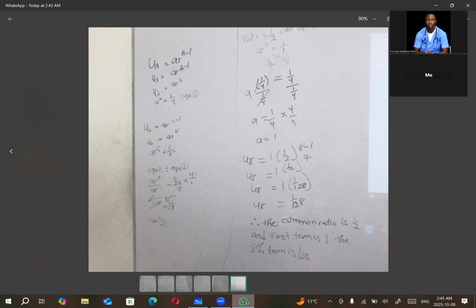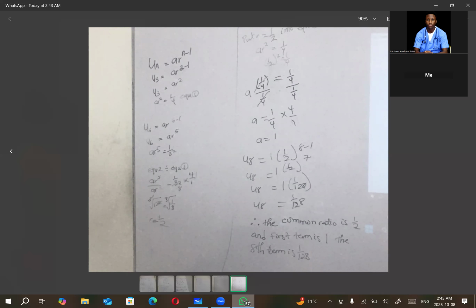Now, if you had to take equation 2, you did not name the equation. What should be the name? Equation 2. Okay, so write it on the board. Then equation 2 divided by equation 1.